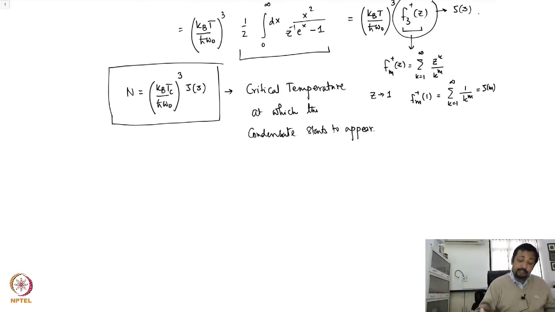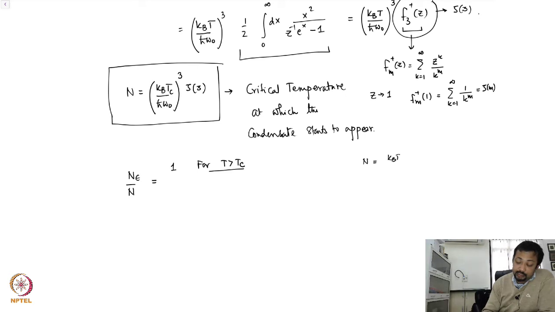Therefore, using our analysis for the free particle gas, we know that in the excited states, if I look at this fraction N_ε divided by N, the total number of particles, this is going to be 1 for T greater than Tc. So once again, at high temperatures you will have (kBT over ħω0) whole cube F3(Z).